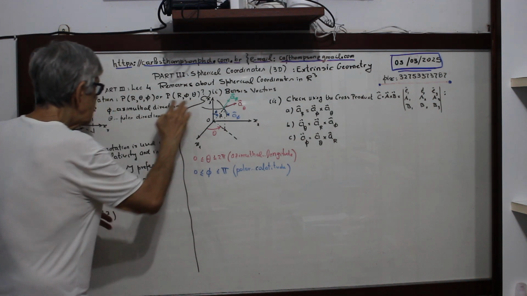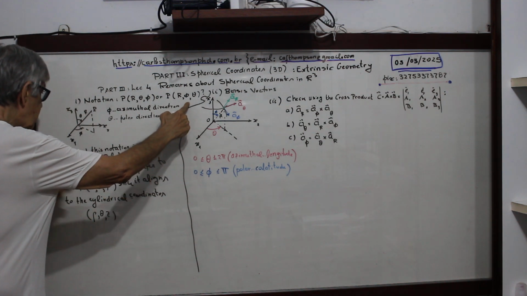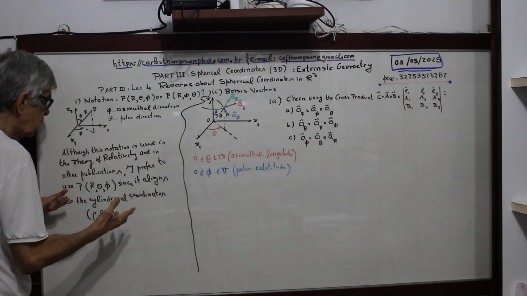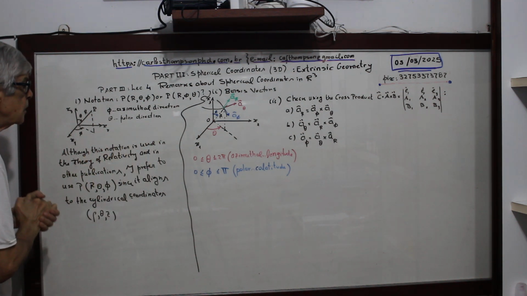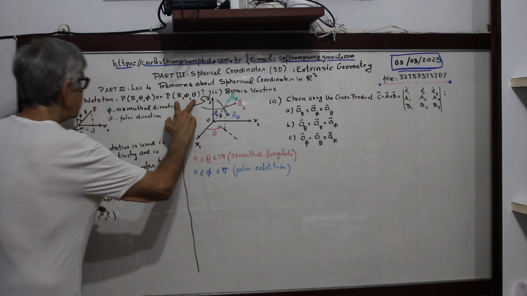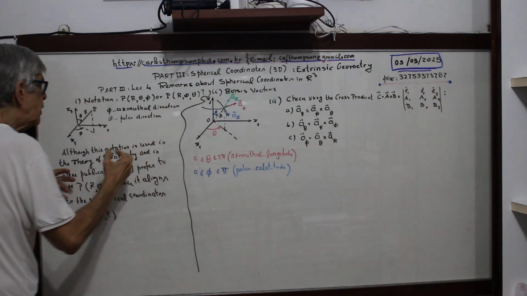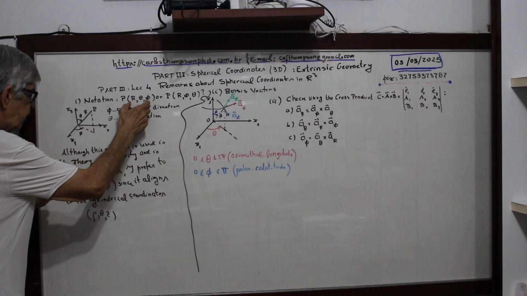This we can find in some publications, and also in the relativity theory. In the relativity theory, you just use this notation here, okay? I would prefer this one here.